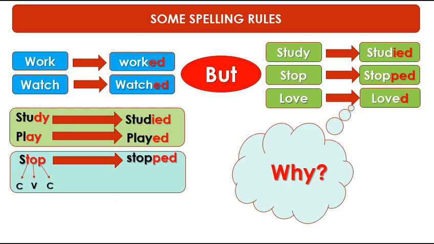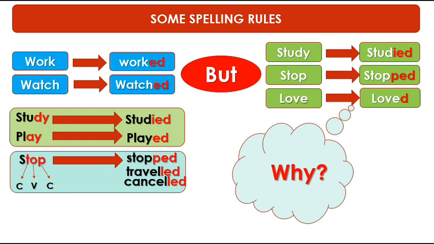Also travel, traveled. We have one l, but in the simple past we double the l. And also we have cancel, one l becomes two in simple past plus ed. So this is the second case.